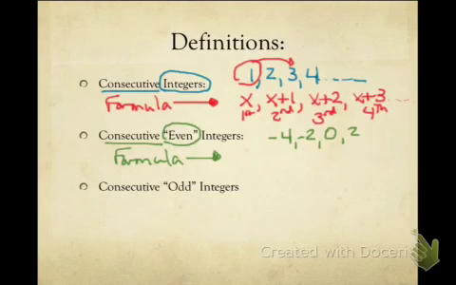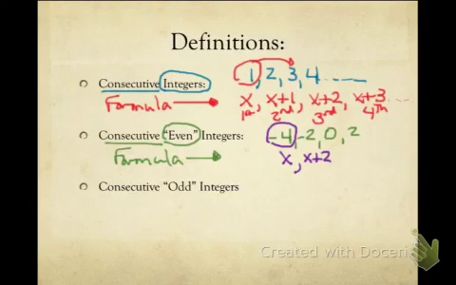The first number that we see is going to be our x, and you're going to say, what do I add to negative 4 to get to the next even number, the next larger even integer? And hopefully you can see that in order for me to get from negative 4 to negative 2, I have to go in the positive direction 2 steps, which is why it's plus 2.